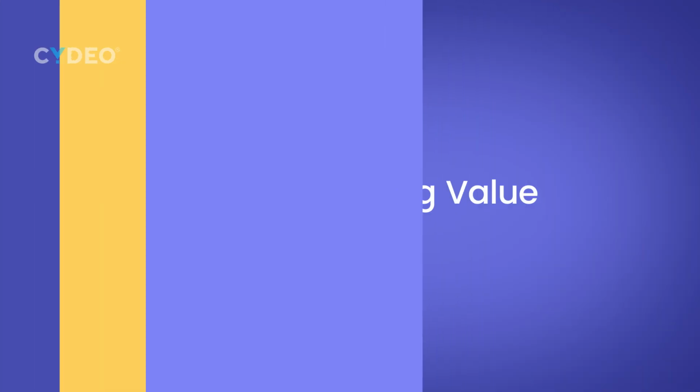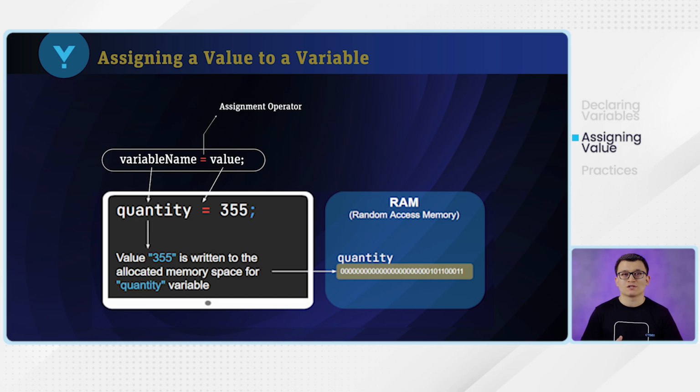After you finish declaring the variable, you can store some value into that variable by using the assignment operator. So the first step is declaring the variable, and then you can assign any value that you want to that variable as long as the data type is matching. Okay.